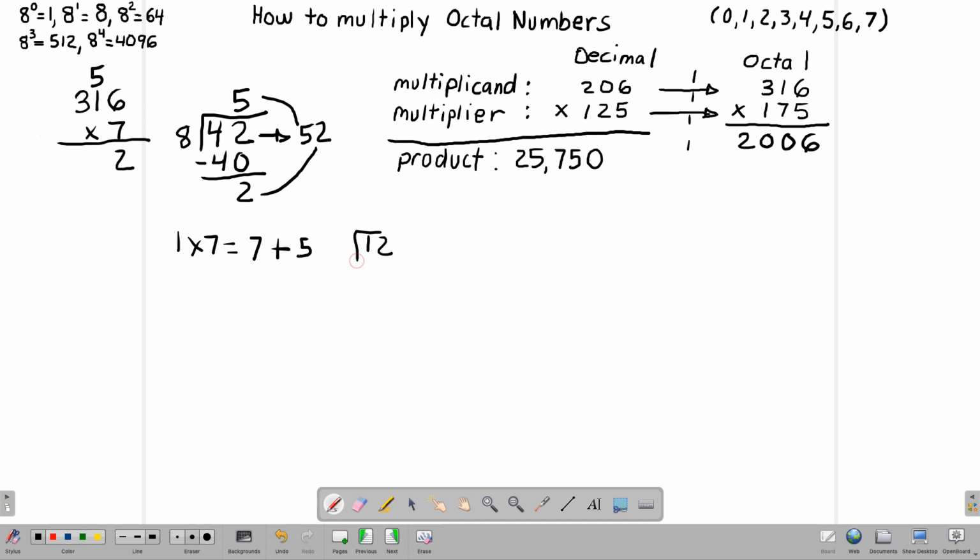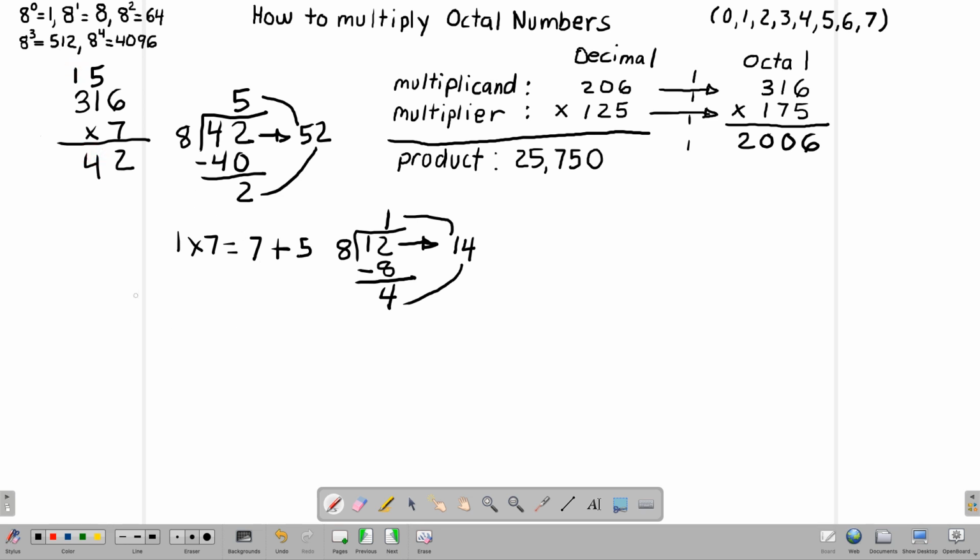But we have to convert that into octal. 8 goes into 12 one time. 8 times 1 is 8. We subtract. That leaves us with the value 4. So what that says is that the value 12 is represented in octal by the value 1, 4. So 4 goes here, and then we have a carry of 1.